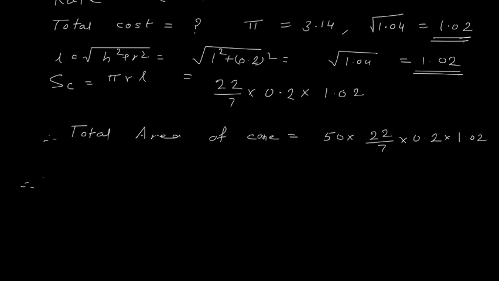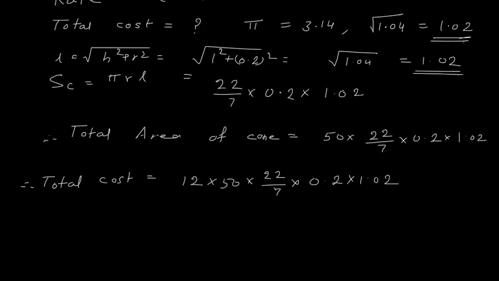Therefore the total cost: for 1 meter square I am charging 12 rupees. So the total cost will be 12 into 50 into 22 divided by 7 into 0.2 into 1.02.